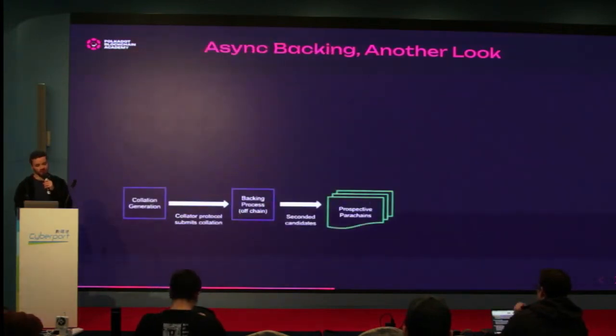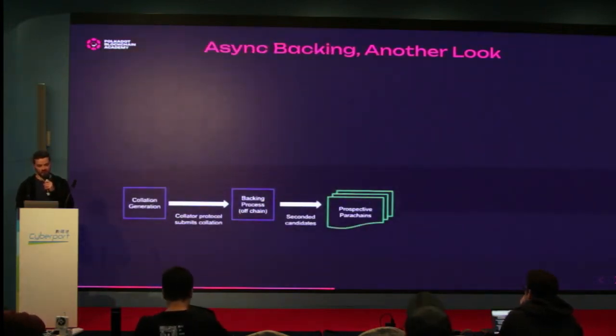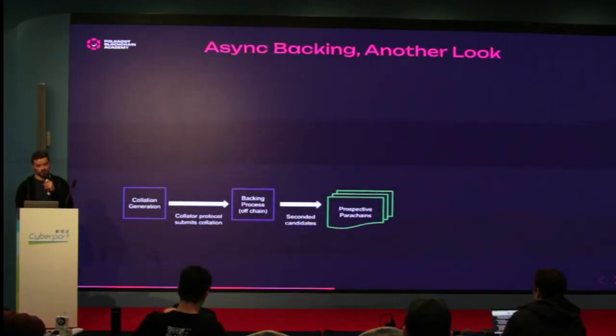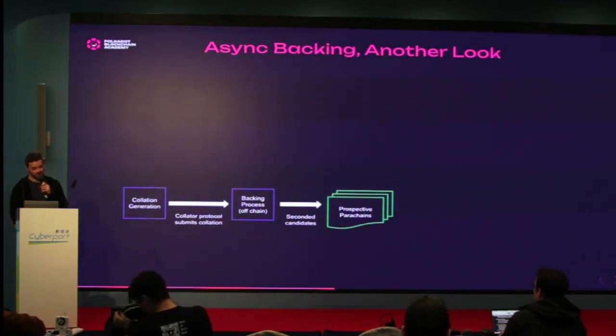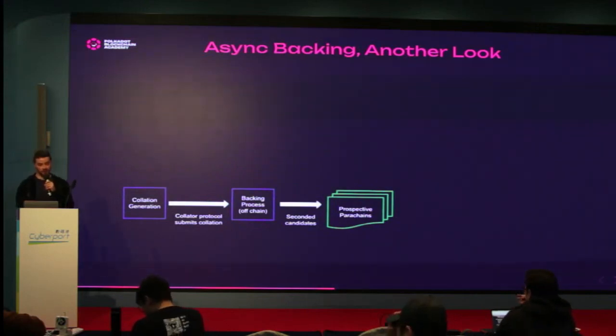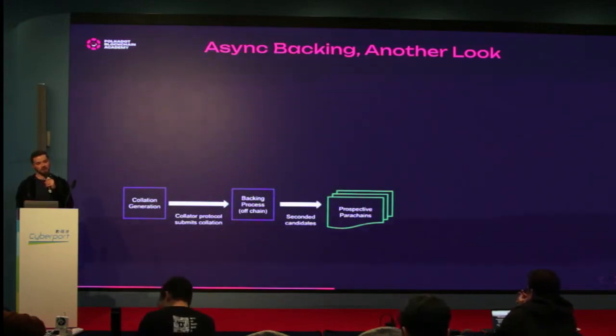So how is this different with asynchronous backing? So we're going to start by describing, again, from collation generation. So we produce our candidates just like we were. We submit them to a backing group just like we were. And then the off-chain backing process happens.